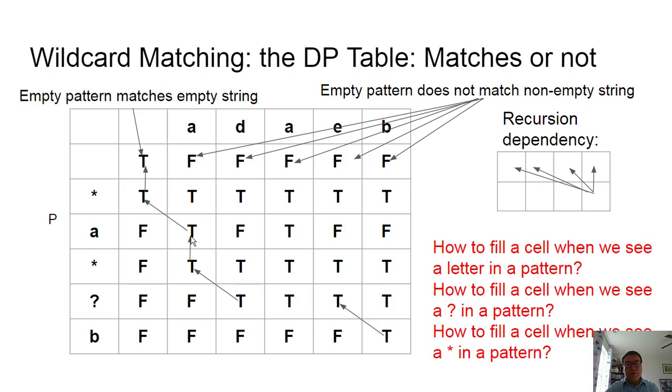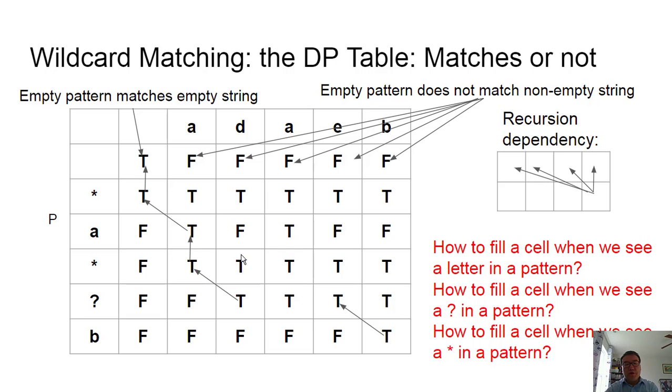So we go up. If we see a true, then that means the prefix can match up to here. Then this star can match with empty. So that is okay for this thing to be true. For here, when we go up, this prefix cannot match up to AD. But then star can handle that.